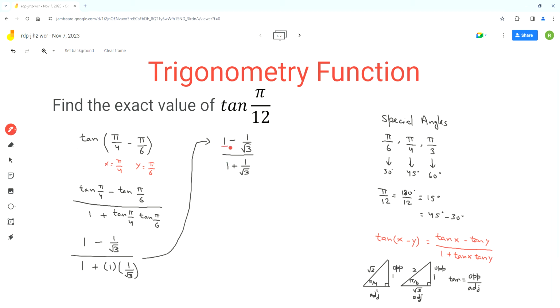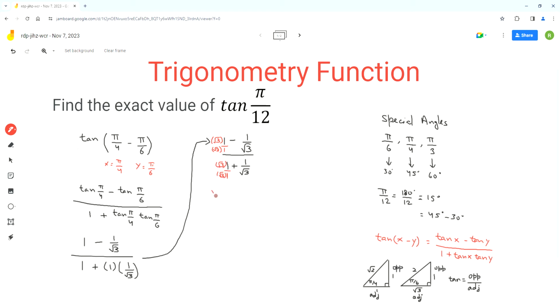The denominator of 1 is 1, so the common denominator will be square root of 3. So we'll multiply the numerator and the denominator by square root of 3. We do the same thing in the denominator, combining 1 and 1 over square root 3.